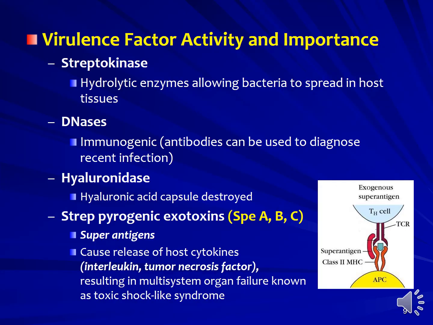Another virulence factor is the enzyme streptokinase. It's a hydrolytic enzyme and is responsible for the spread of the lesions in the tissues. The next enzyme is DNase, otherwise known as streptodornase, which is immunogenic, and the antibodies produced against this DNase enzyme can be used to diagnose recent infection, especially immune complex mediated infections.